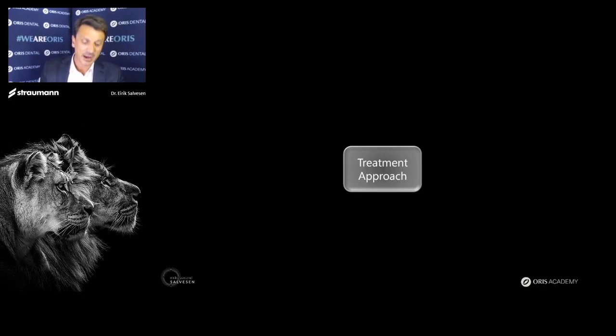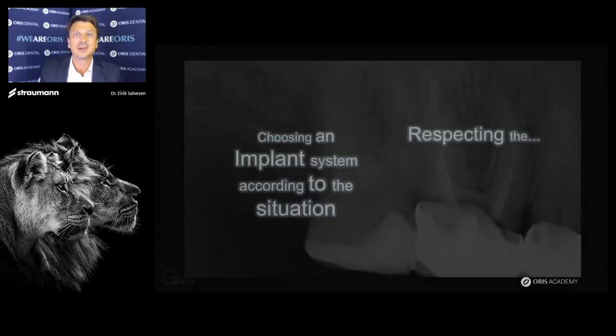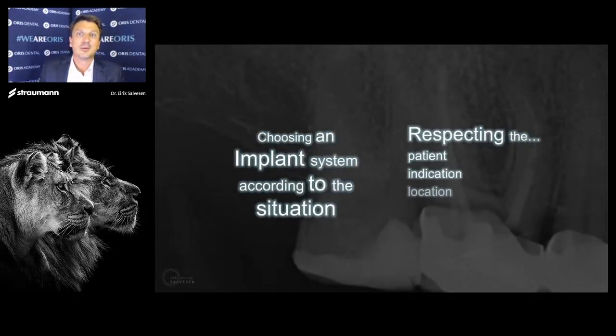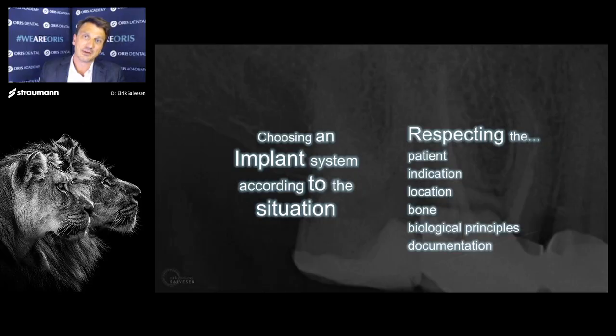And when it comes to biomaterials, like the implant, my honest belief is that we should choose an implant system by respecting the patient, the substrate that we are actually treating, the indication and the location that we are putting an implant in, which also affects the bone, at least in quality, and the quantity of the bone is also important.